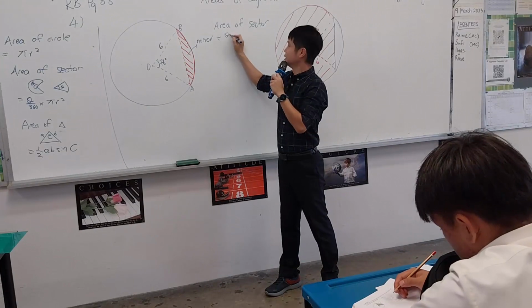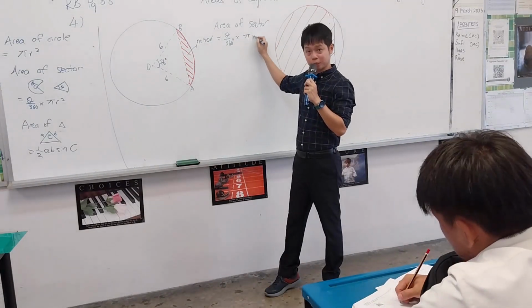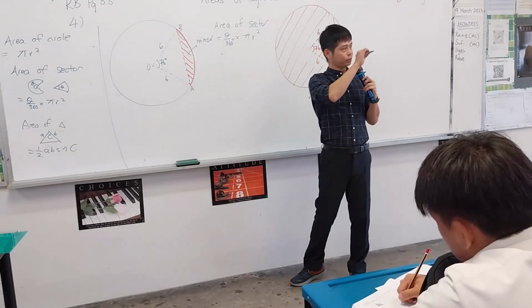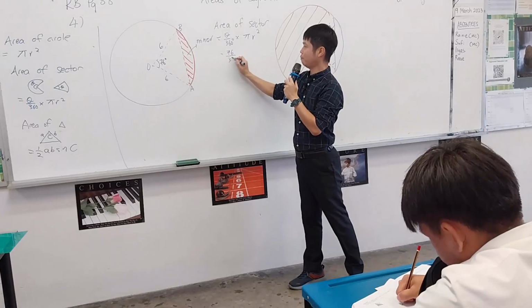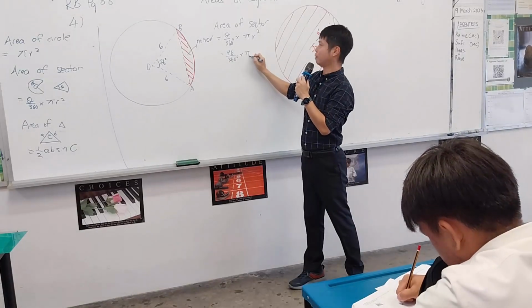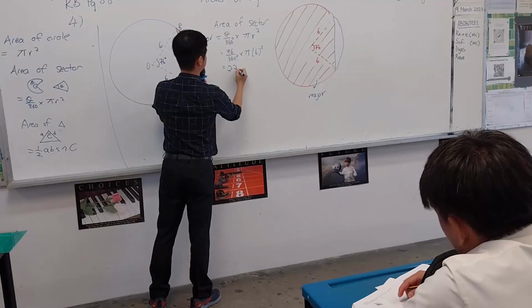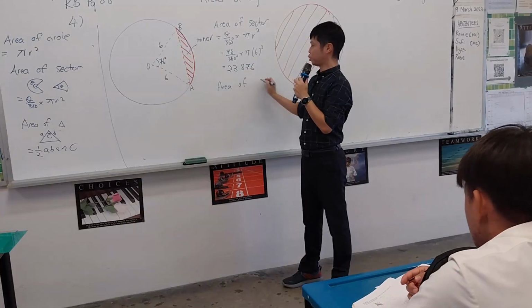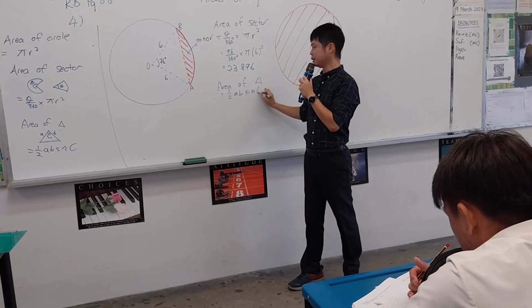Theta over 360 times pi r squared. Now look at your homework, I did the amendment for you. You need to put down values. Every unknown, if you have the values, you must put it down. 23.876.